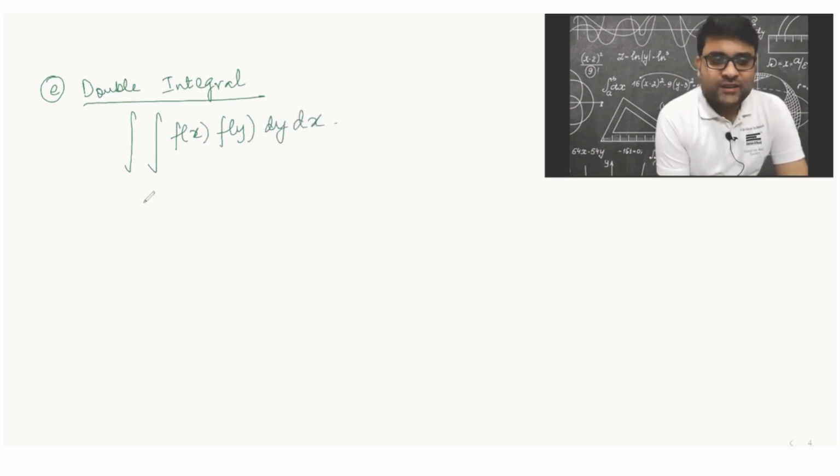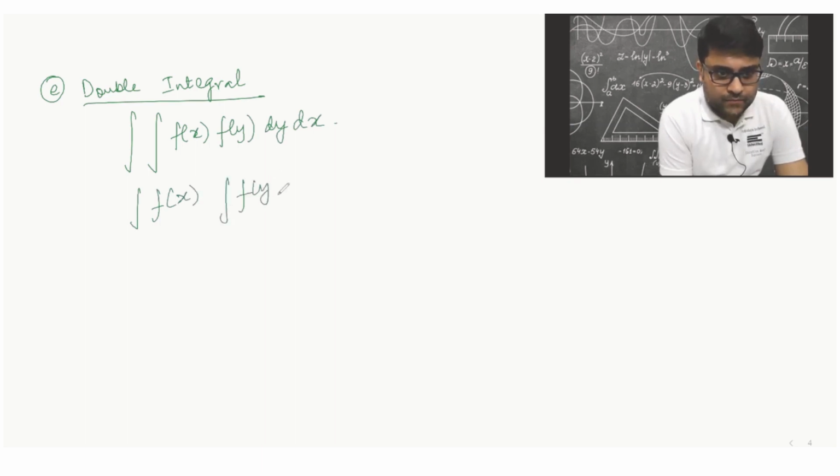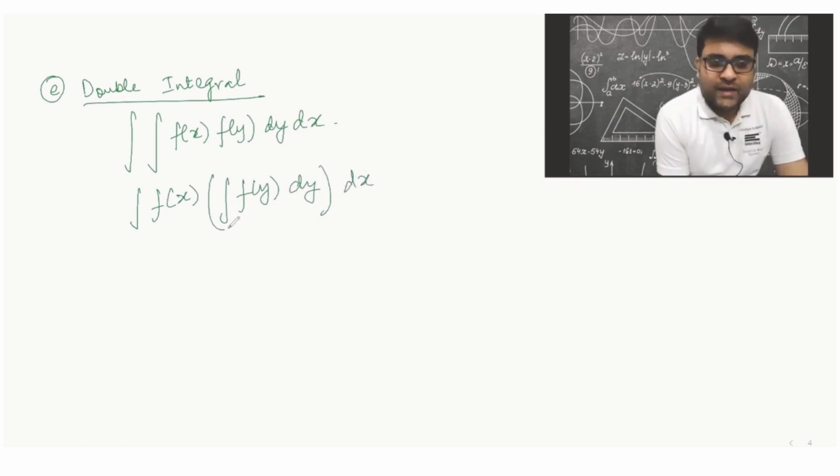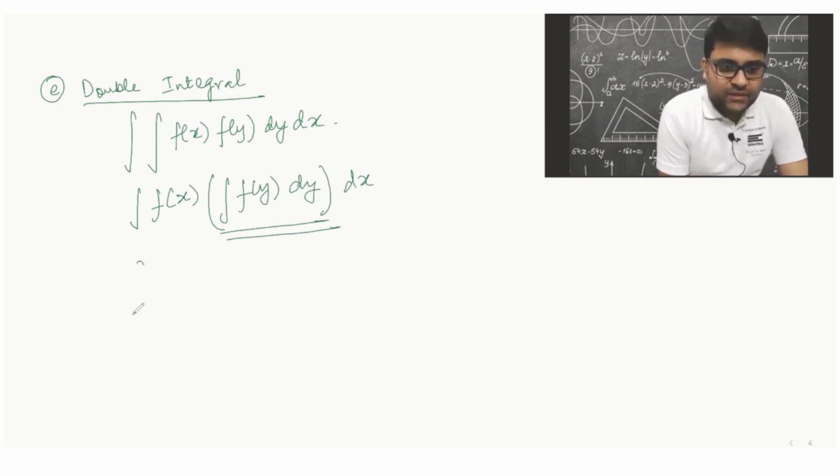So you can write this in this way: f of x, then you integrate firstly with this part, then this comes out, and then you integrate the entire thing with respect to dx, or vice versa.